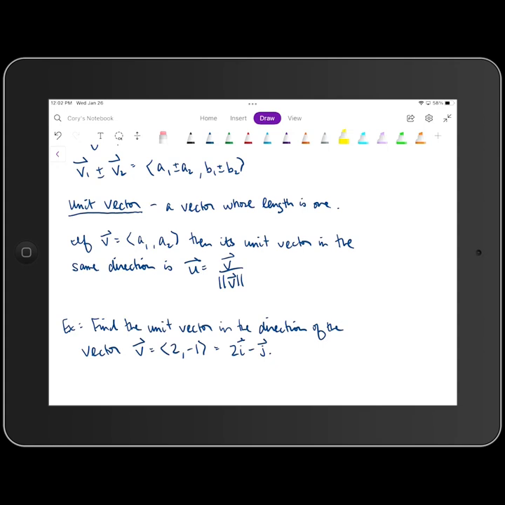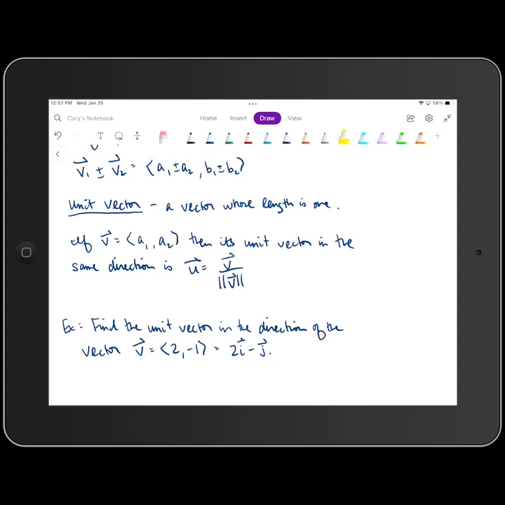So just to do a quick example illustrating that, let's say the directions ask us to find the unit vector in the direction of vector v with first component 2 and second component -1. Now, we can take that vector and represent it in component form, which we have on the left.